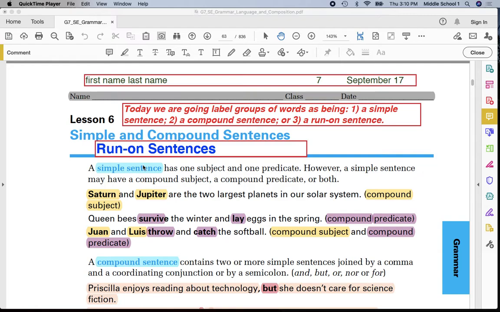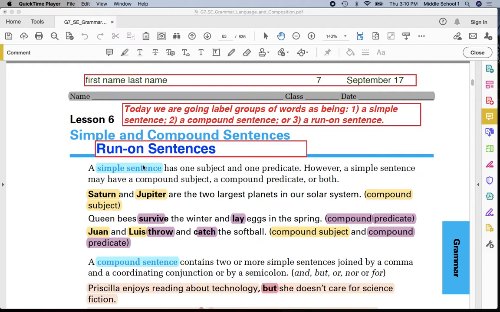This too is a simple sentence. It contains a simple predicate and a simple subject. Bees survive, lay. As was true with the first example, it has a compound sentence part, but not a compound sentence.